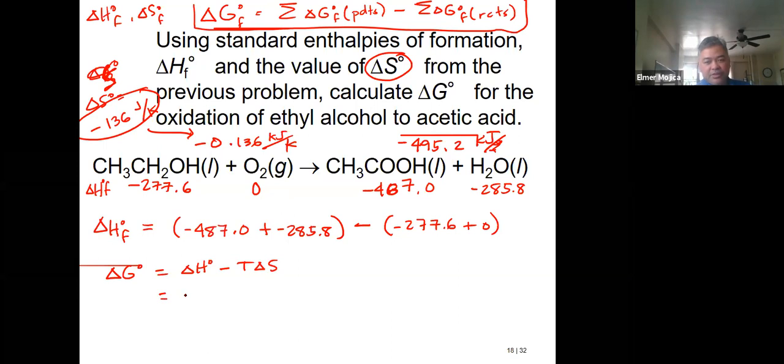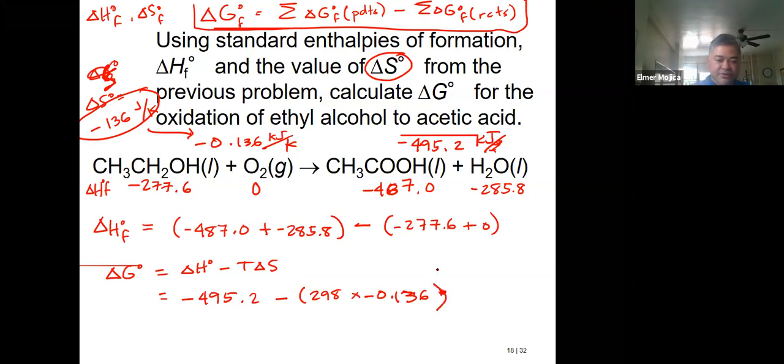So you're going to put the values here. This is negative 495.2 minus, what's the temperature that we have here? That's 298 times negative 0.136 kilojoules per K. So what do you get?